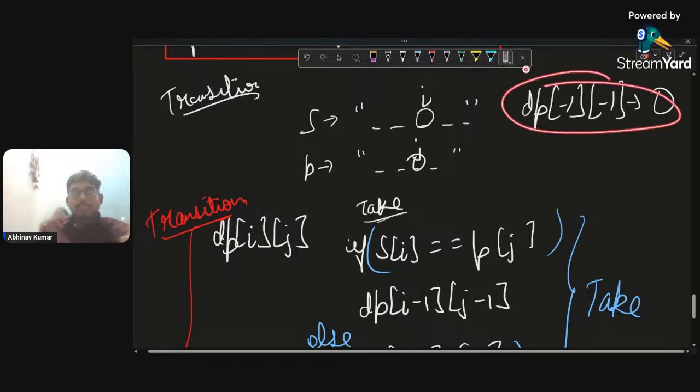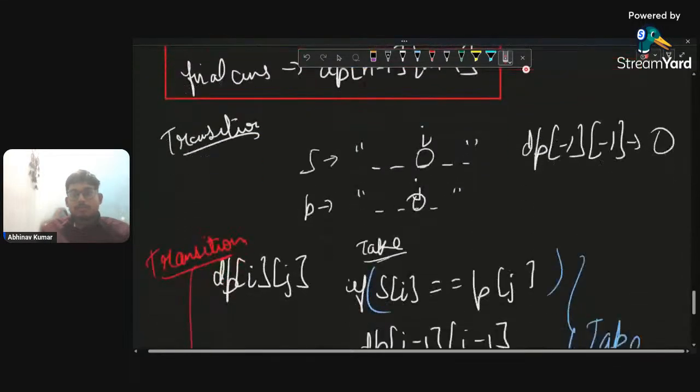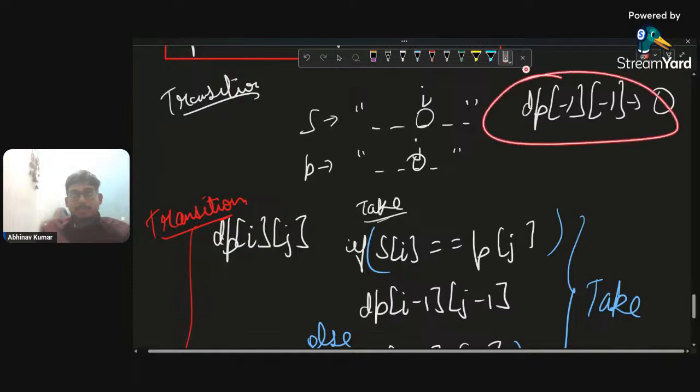I hope you understand, this would be my base case. And whenever I am moving ahead and this pattern is still empty, then if this check is 1, I can remove it, otherwise not remove. Those would be considered in my transitions. So I think only this one would be my base case.